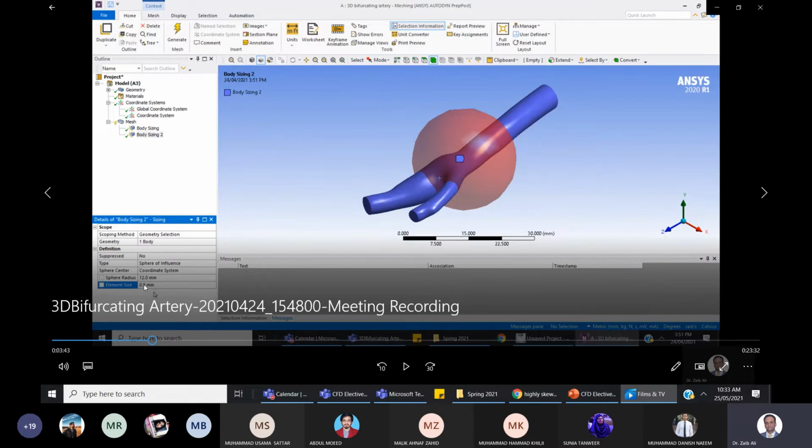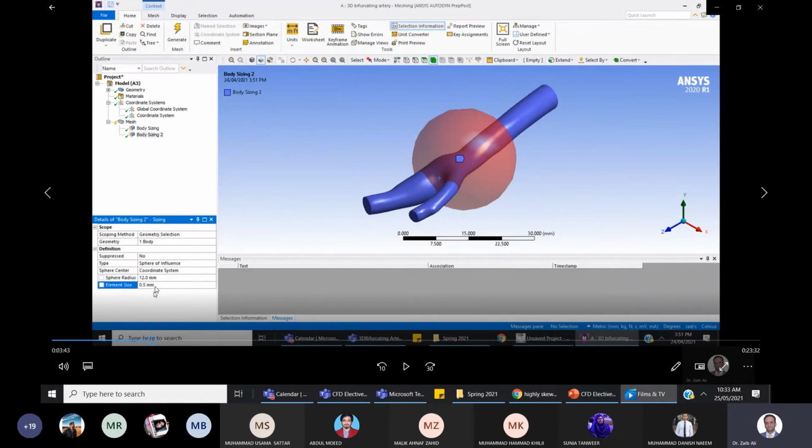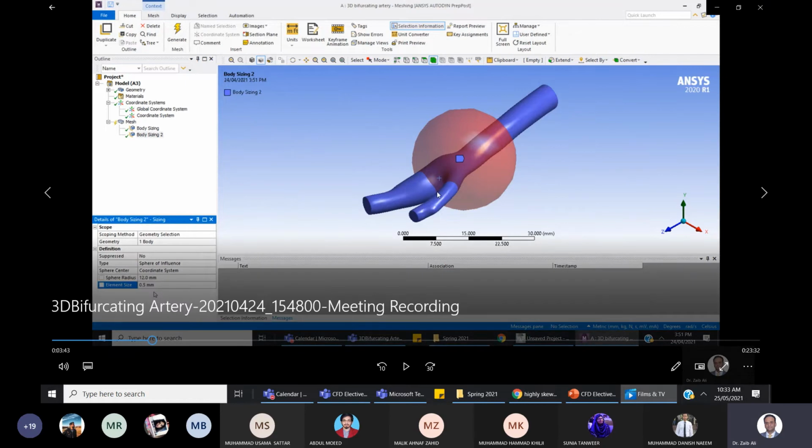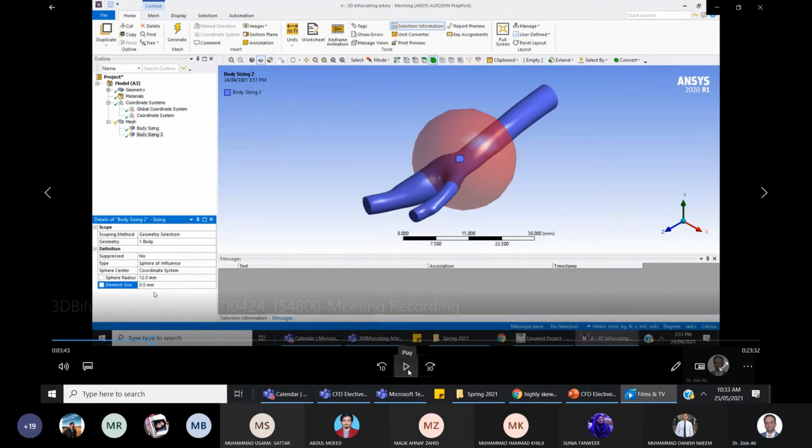And there we are prescribing an element size of 0.5 millimeter. So in this body sizing, away from this sphere, we prescribed a sizing of 1 millimeter, but in this region, we are going for half of that size, which is 0.5 millimeter. So this is how you can create a locally refined mesh zone.